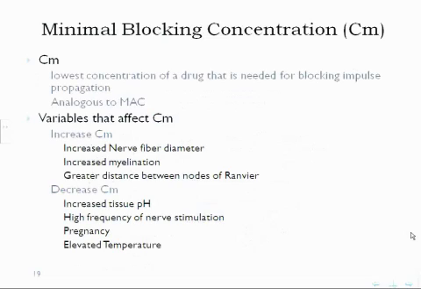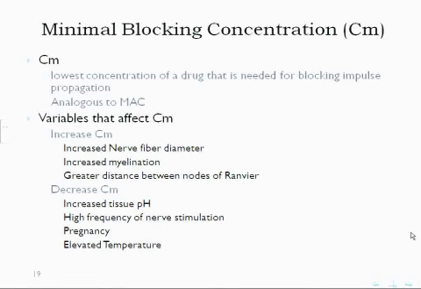Now, one of the things we talk about quite a bit with local anesthetic is this concept called minimal blocking concentration, which is equivalent to MAC. I wish it was perfect, and I wish we could talk in more detail about it. There are still a lot of people in anesthesia trying to come up with how much volume we should give in an individual.